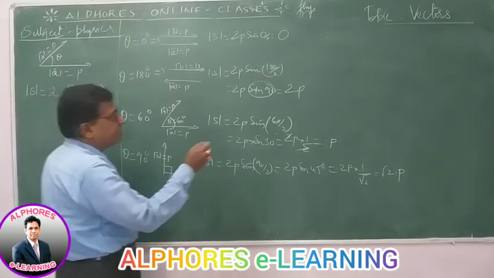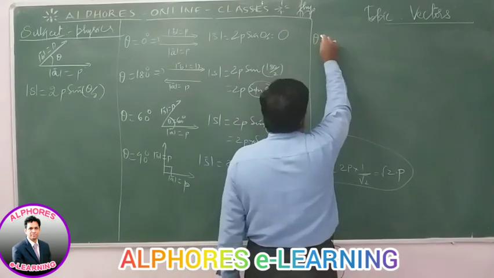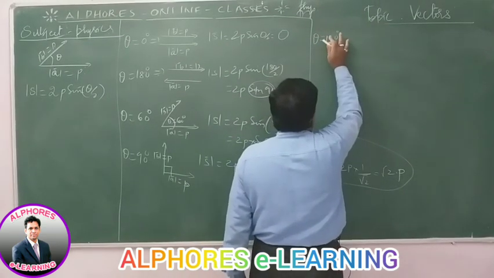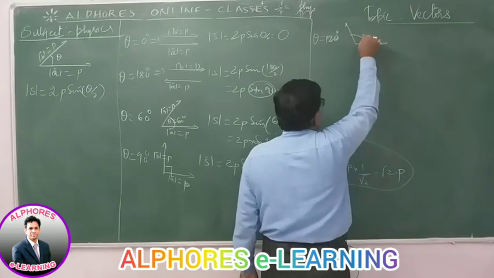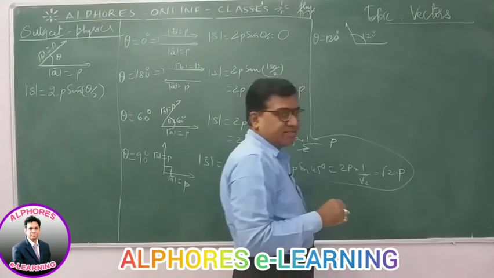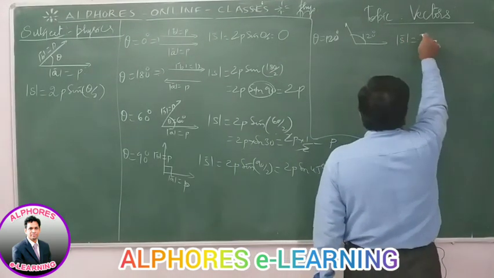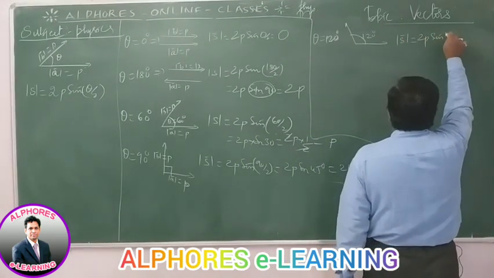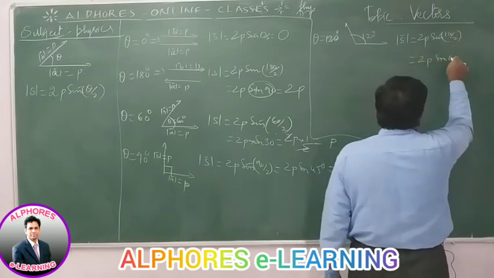Similarly, if I take theta as 120 degrees, so A bar and B bar are at 120 degrees like this. Then the subtraction resultant, mod S, is 2p sin of 120 by 2, or 2p sin 60.